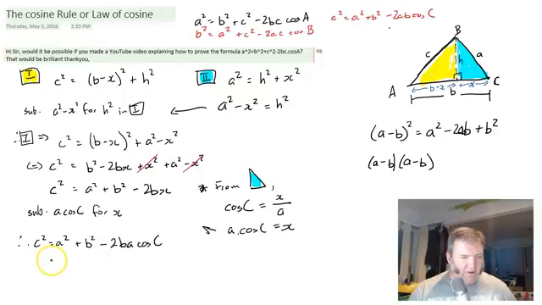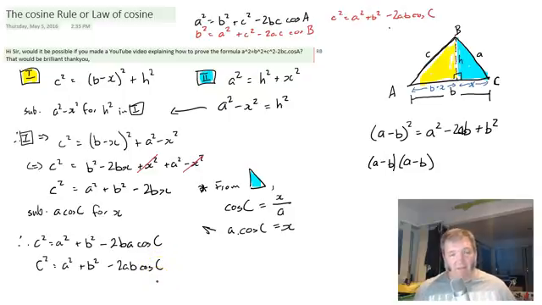It's nicer if you write it with a and then b. So let's put it in beautiful alphabetical order just to keep everyone happy. And that is a proof that for any triangle, the square on one side equals the sum of the squares on the other sides minus 2 times the two side lengths times the cosine of the angle in between them.